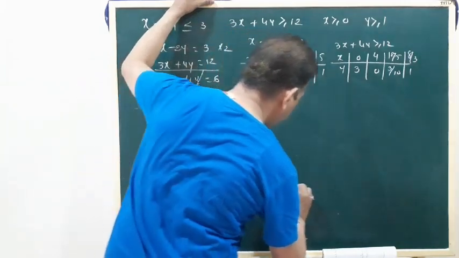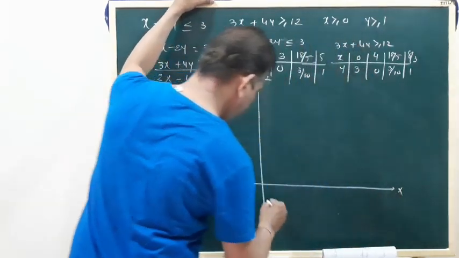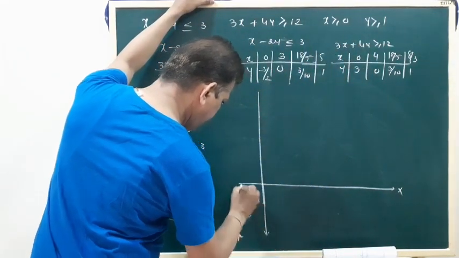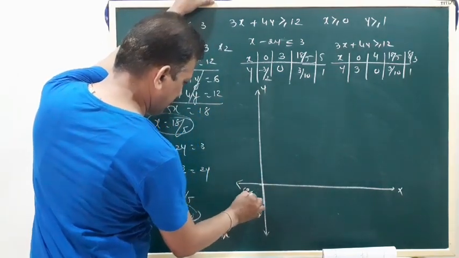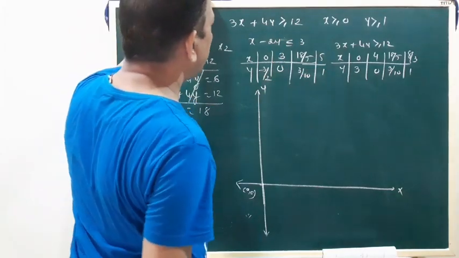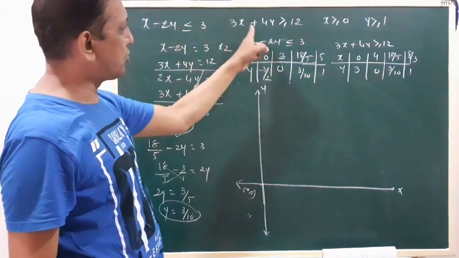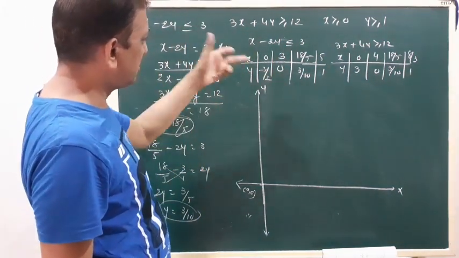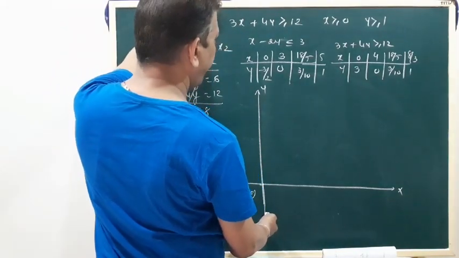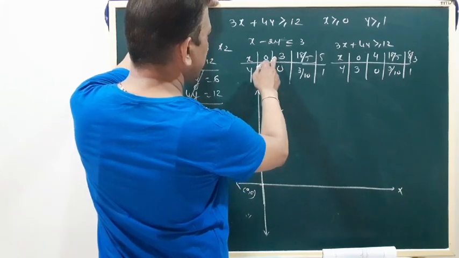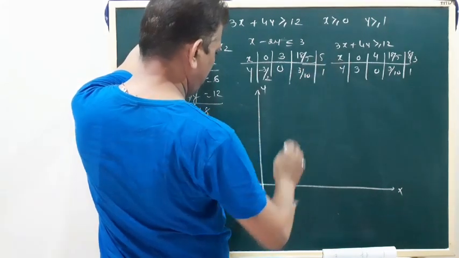You can draw only the first quadrant because y is greater than or equal to 1. First we draw these two lines. 3, 0 is here, and 0, minus 3 by 2 is here. On the x-axis maximum 3, maximum 4.